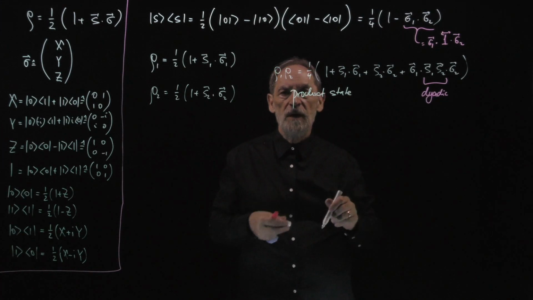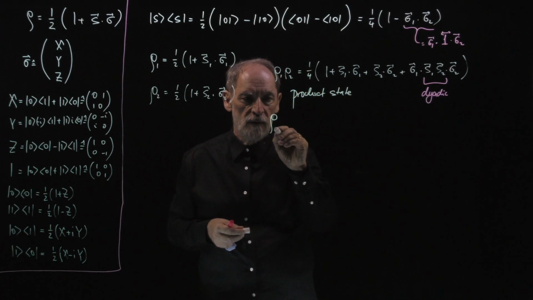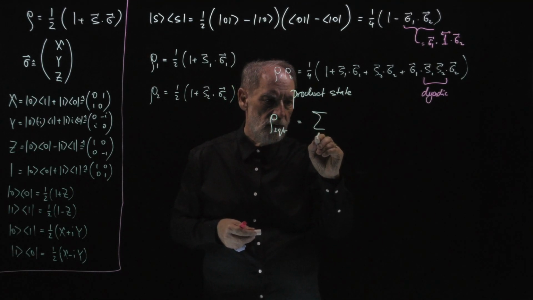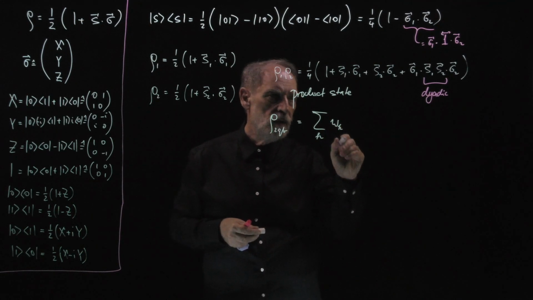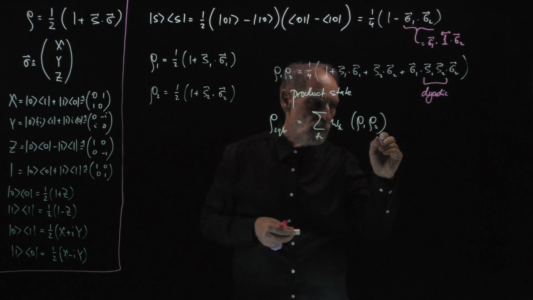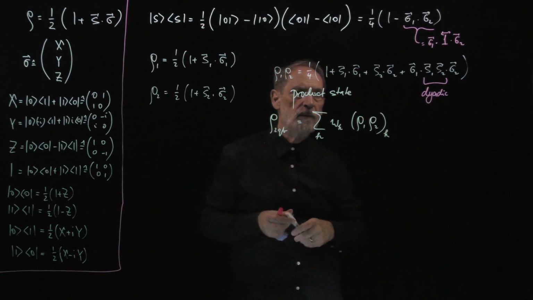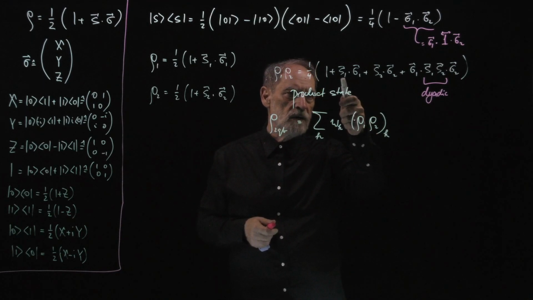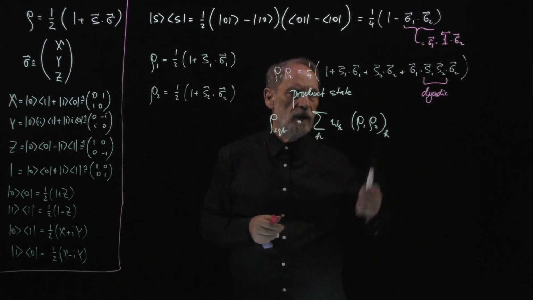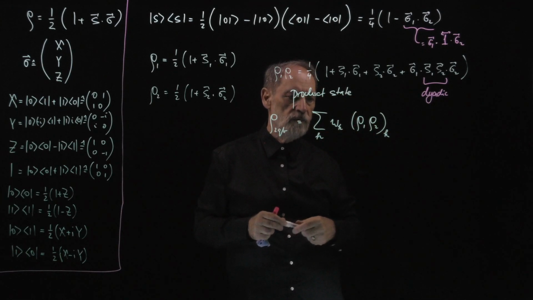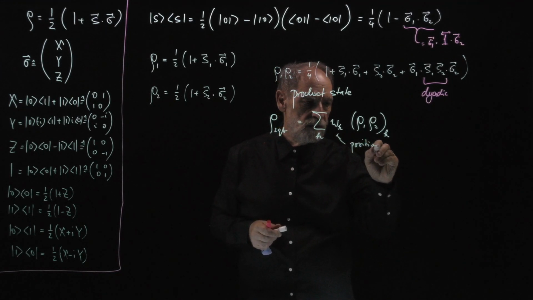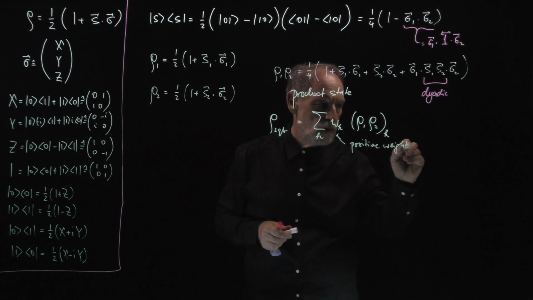And we can now think of making up a general 2-qubit rho by a weighted sum, weights w_k, and then a product of the rho 1, rho 2 kind, but of the kth product. So S1, S2, there's one for k equals 1, another one for k equals 2, a third one for k equals 3. And these are just positive weights of unit sum.